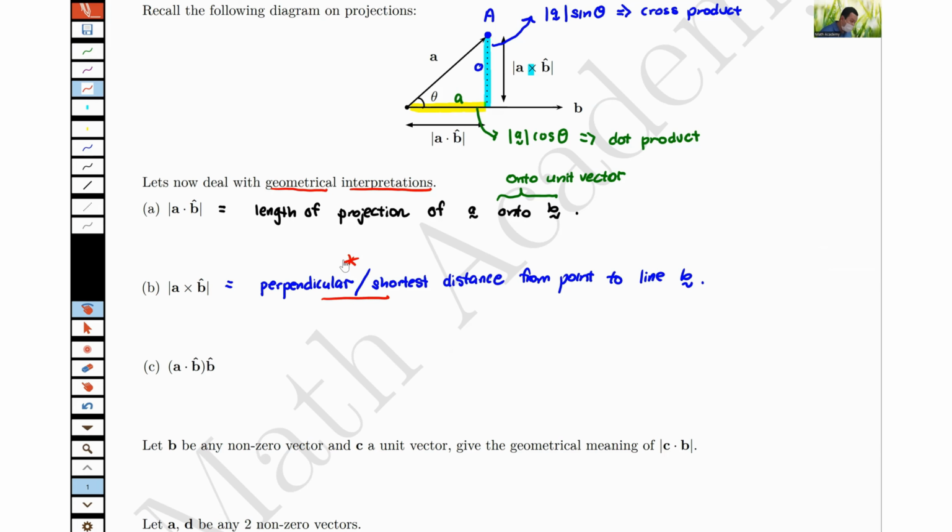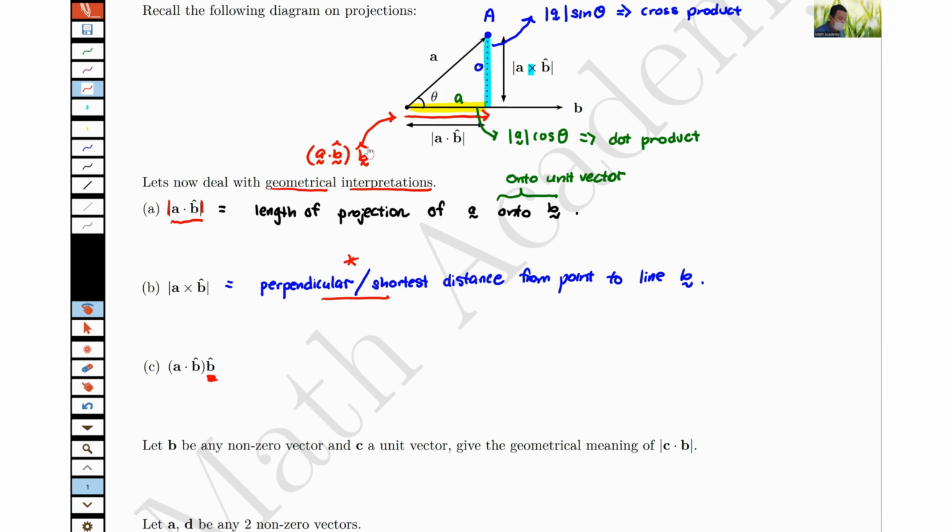Now, visually on the diagram, where is this C? What is A dot B cap times B cap? So it's almost similar as the first one, just that the first one came with a modulus. The last one is multiplication to B cap. You want to know that that vector is actually this vector that I'm drawing out in red here. This vector is your A dot B cap multiplied to B cap.